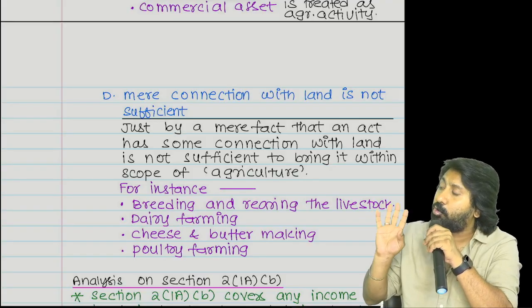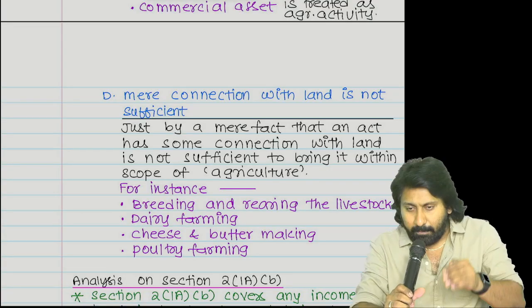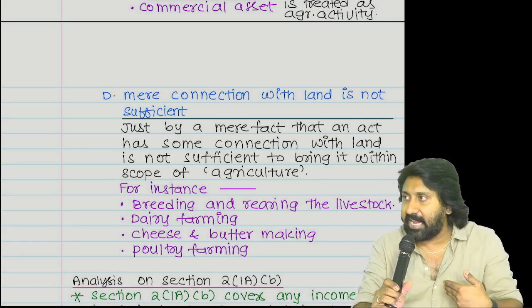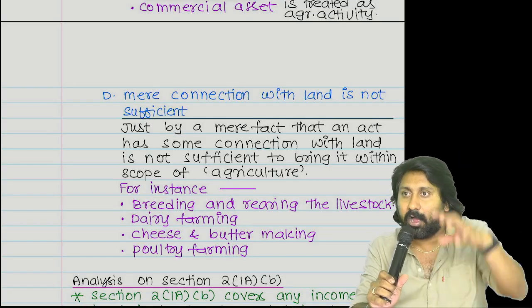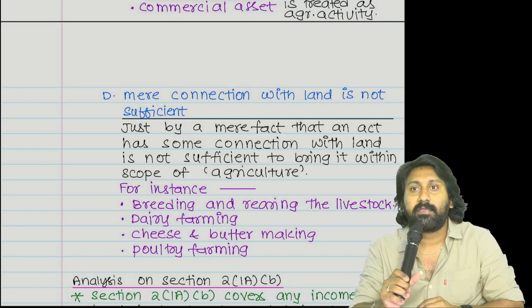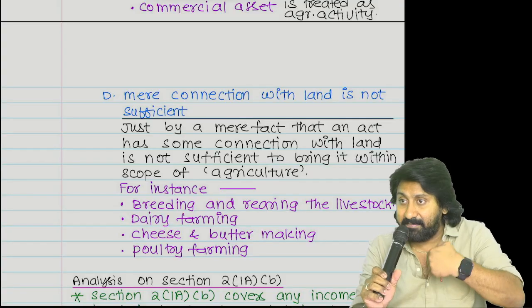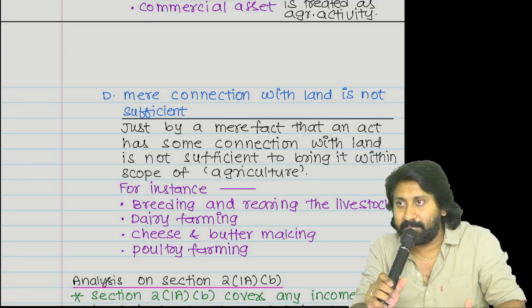I made a good revenue of 10 lakh rupees. The bulls and oxen I sold will be utilized by the purchaser on the agricultural land. Therefore, the income generated by me on selling bulls and oxen is an agricultural income.